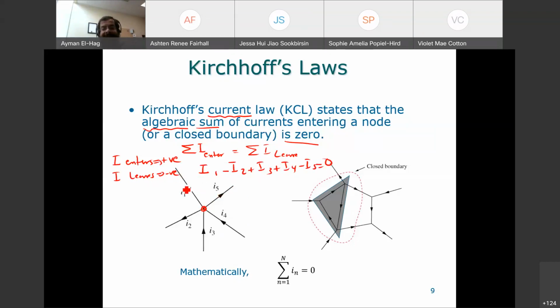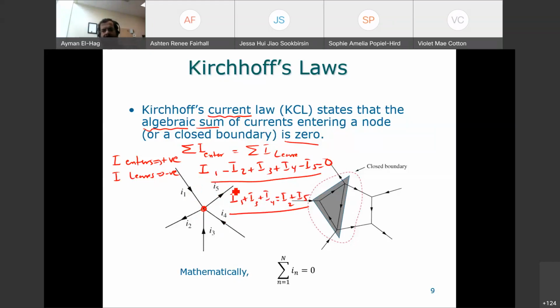The other way is to say that the current entering the node equals the current leaving the node. So I1 enters, I2 leaves, I3 enters, so plus I3, I4 enters, so plus I4, I5 leaves, plus I5. So if you look at this equation and this equation, they are identical.